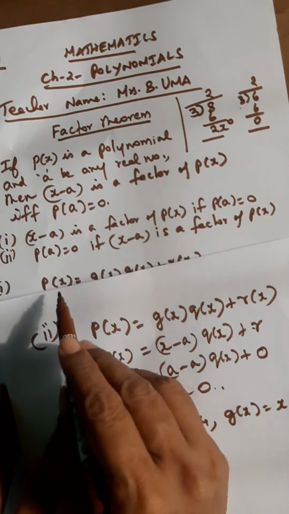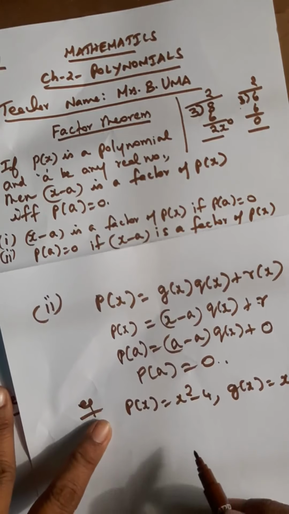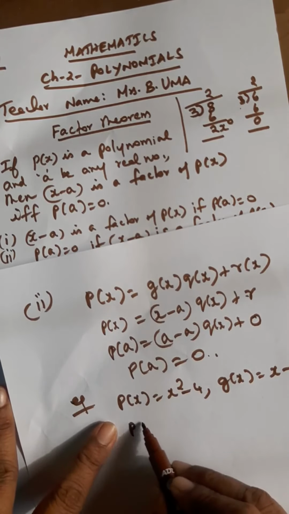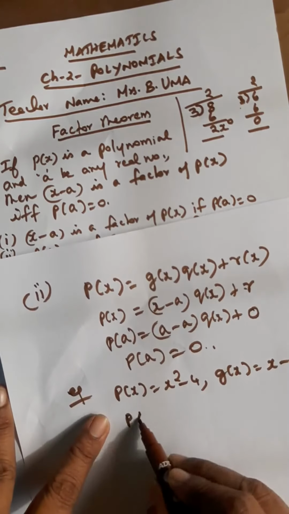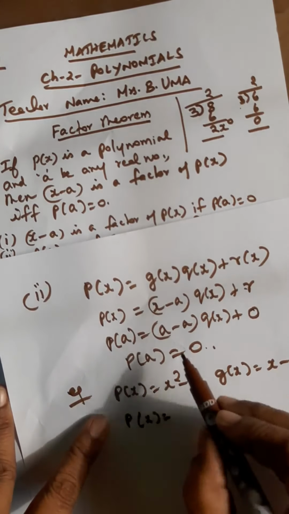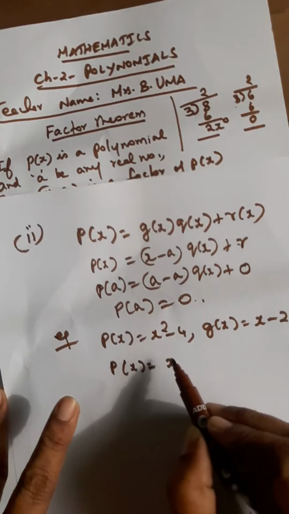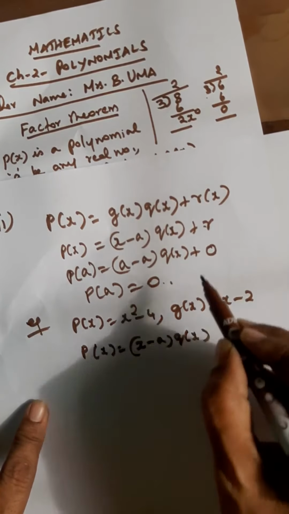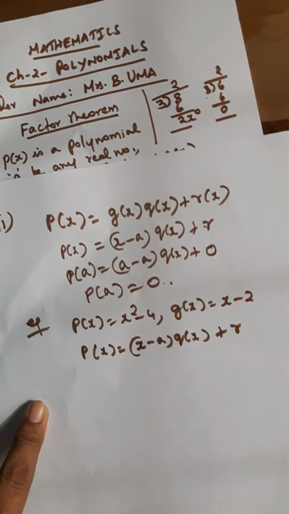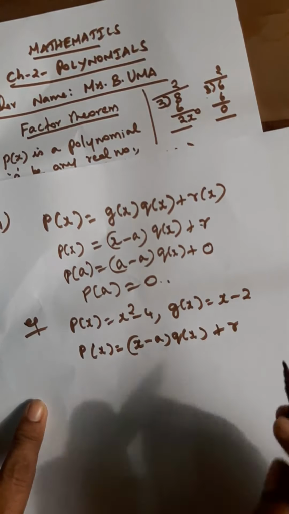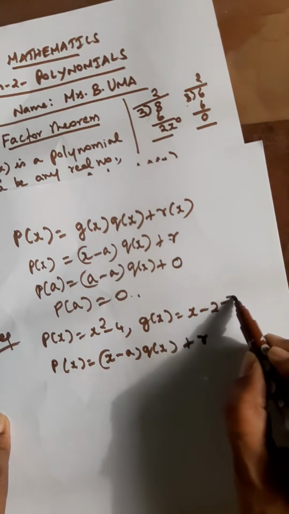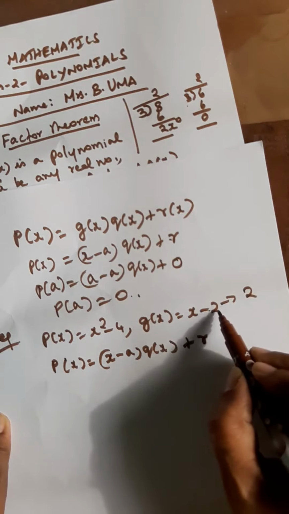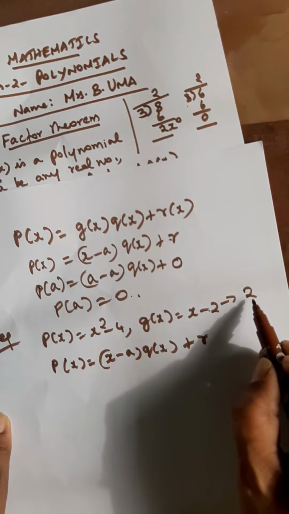If it is a factor, P of a is 0. Let me write this. I am going to substitute my example here. In the place of a, what is there? In x minus a, in the place of a, 2 is there.